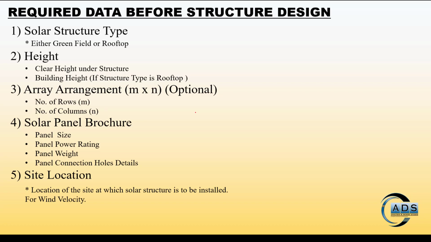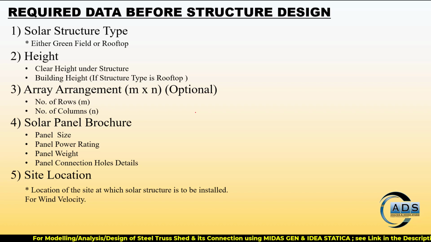Because the location of the site at which the solar structure is to be installed determines the wind velocity, which means whether the site is in an area surrounded by buildings, or in the desert, a mainly open field, or near the sea. This is for the exposure classifications.